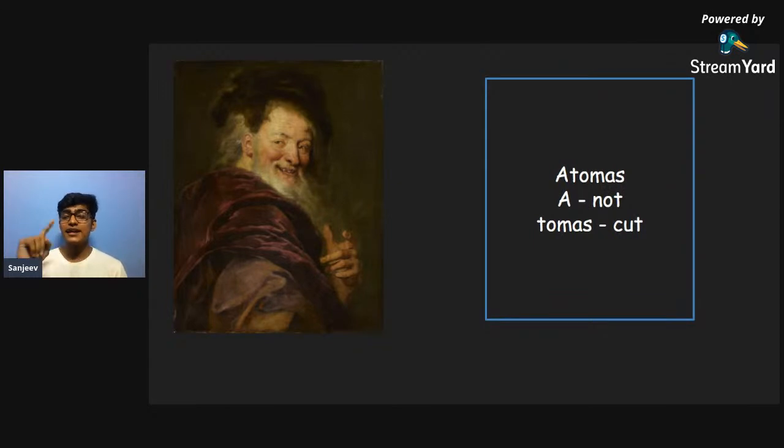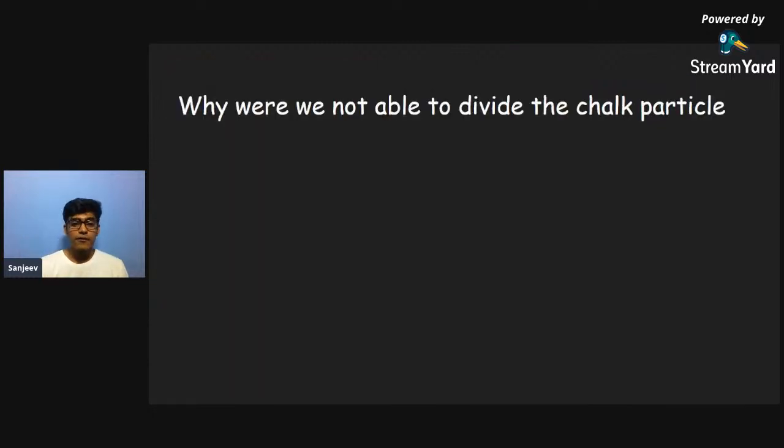That simply means it cannot be cut. So why were we not able to divide the chalk particle further? The answer is because we had reached the smallest particle of the chalk, which is atom. Why was I not able to divide the chalk particle any further? Because I had reached the very smallest particle of that chalk particle named atom.